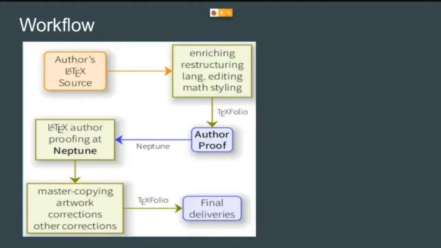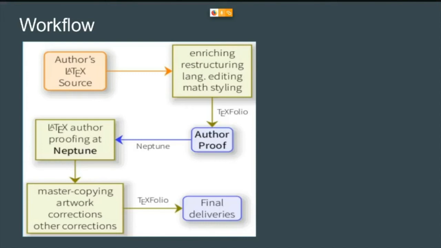Before moving to the features of Neptune, I would like to explain briefly the procedure behind the preparation of the author proof. After acceptance of an article by the publisher, we get the source through a centralized booking system. The article is processed according to the journal style. First, it is proof-checked by the in-house editors, who correct any spelling and grammatical errors. Layout is finalized.